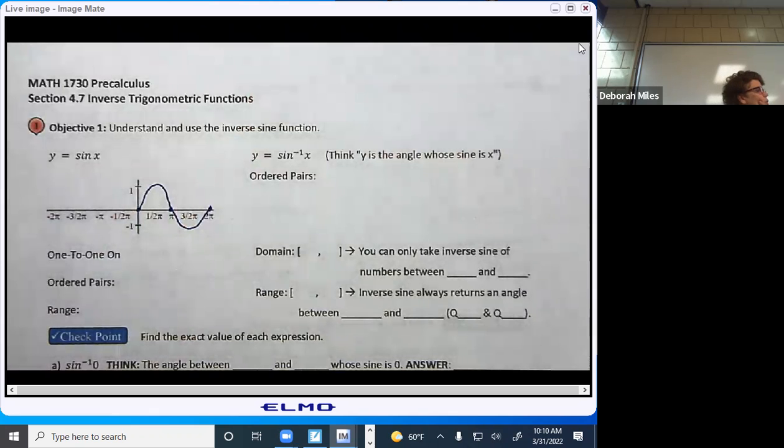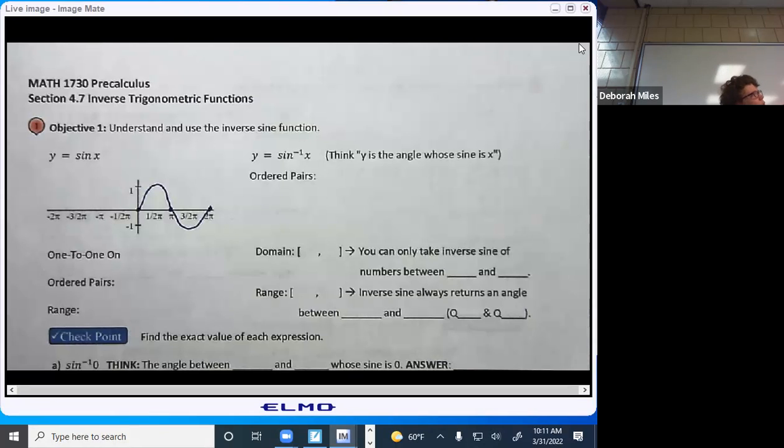Now, what was the deal with inverse functions? Before I could say a function definitely has an inverse, what did I have to check? A function only has an inverse if... that was a long time ago.